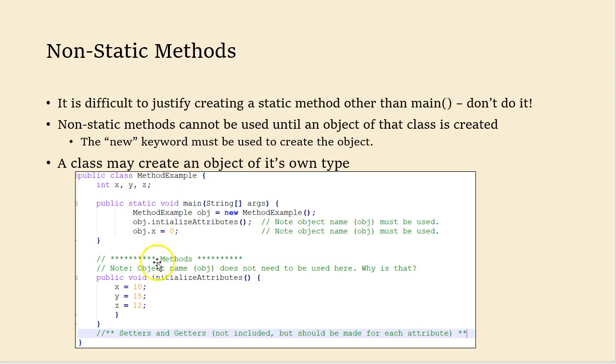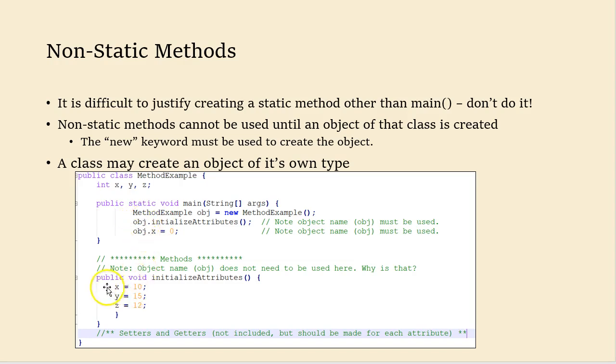And I only bring that up because look what I do down here. Once I run initializeAttributes, every method has access to the attributes of that class. I don't have to do obj.x, obj.y. In fact, I couldn't. It wouldn't work if you think it through. I already told the computer which specific object I want to deal with. I want to deal with object obj.